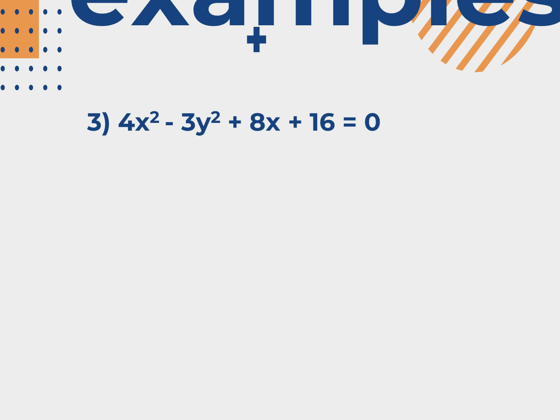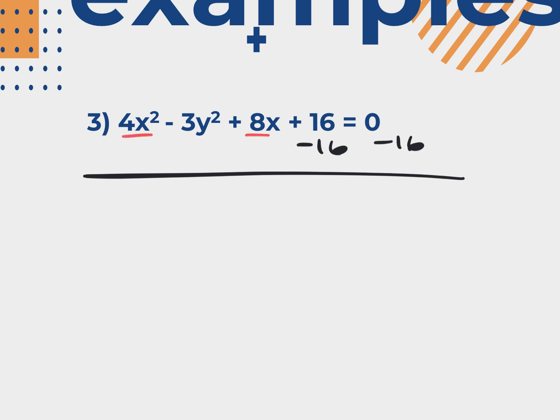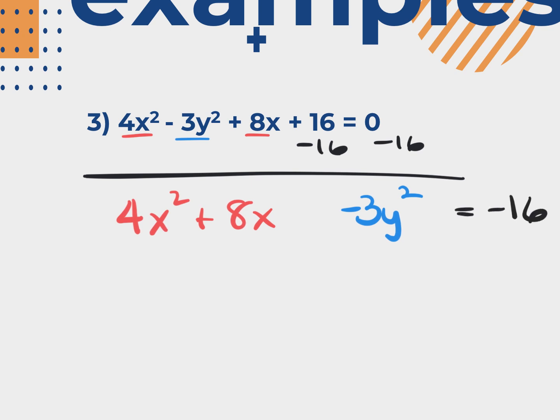So I'm going to subtract the 16 from both sides. And then I'm going to put my two x terms together. And then there's only a y squared. So let's go ahead and rearrange it. So 4x squared plus 8x, leave a blank space, then put in the y, and then the negative 16.